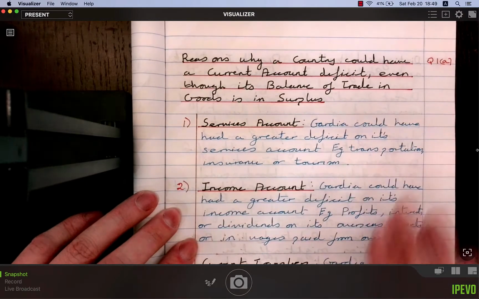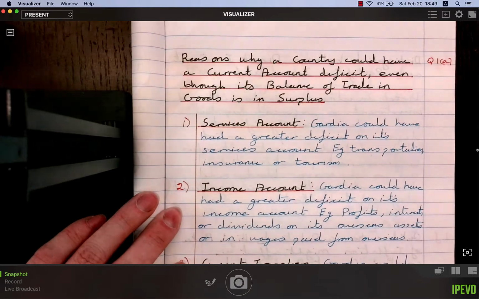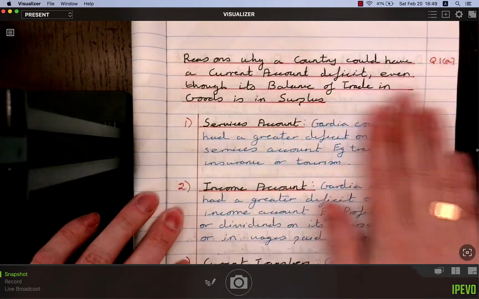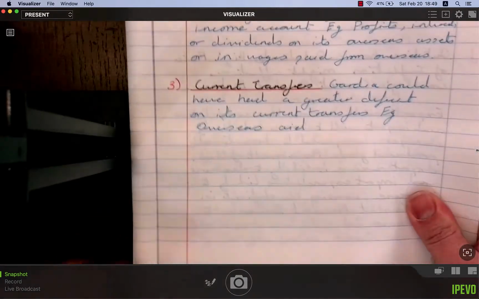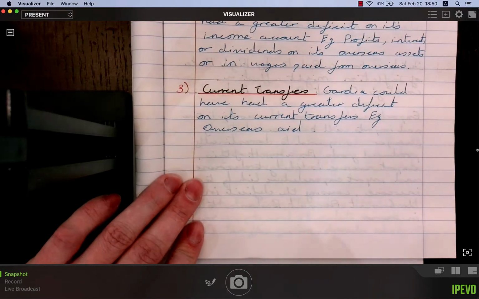Okay, there's the income account. Guardia could have had a greater deficit on its income account, so what we've got is profits, interest or dividends on its overseas assets or on wages paid from overseas. So what we're saying is that the amount of money leaving Guardia from foreigners working in Guardia compared to the amount of Guardians working abroad sending home, the foreigners working in Guardia could be sending more of their income home than Guardians working abroad sending back to Guardia.